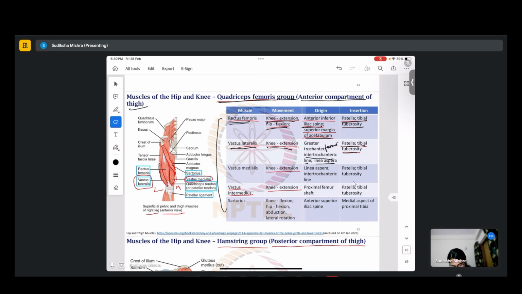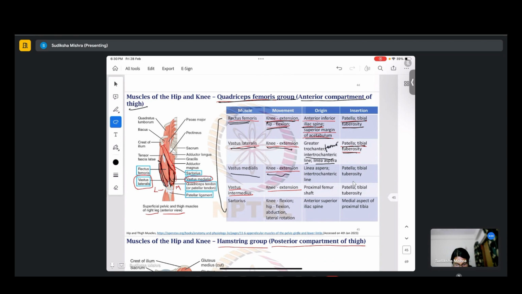So this is vastus lateralis, and this big muscle is rectus femoris. Okay. Next, coming to vastus medialis, which is responsible for knee extension, which is here, this muscle.